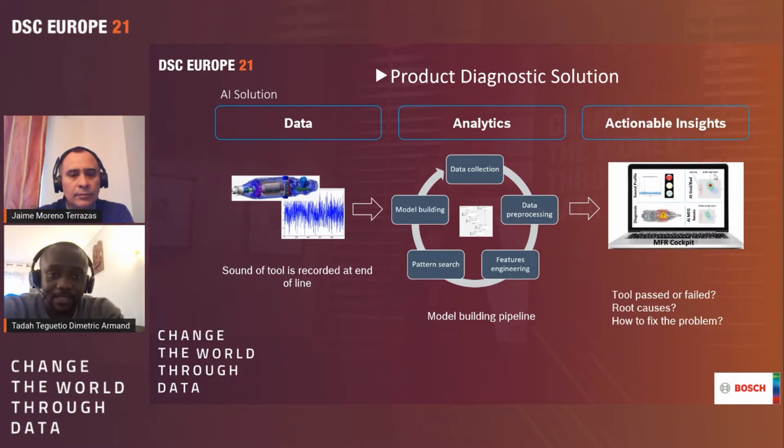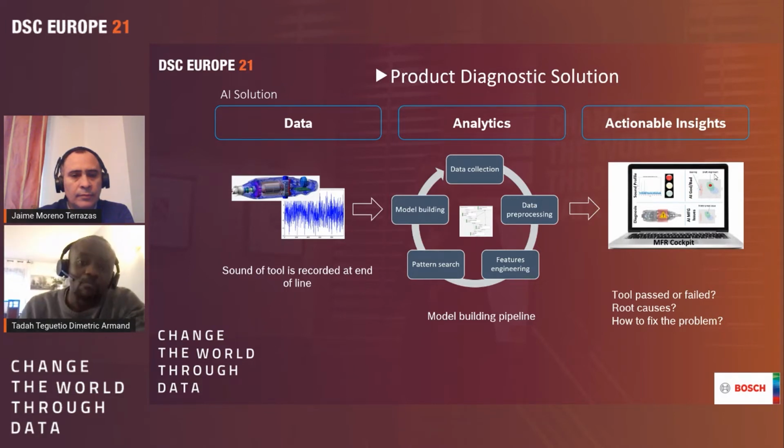After collecting the data, we go to a process, which you see in the middle, a cycle. It's a more general process, right? Starting from the data collection until the model building, but in between we have some steps, for example data pre-processing. Why do we have data pre-processing?